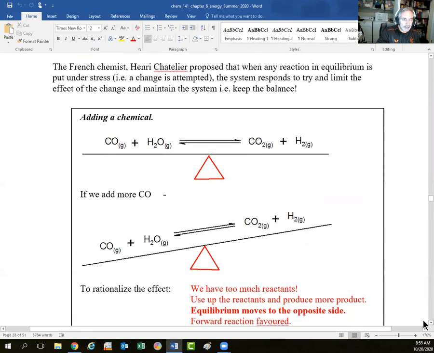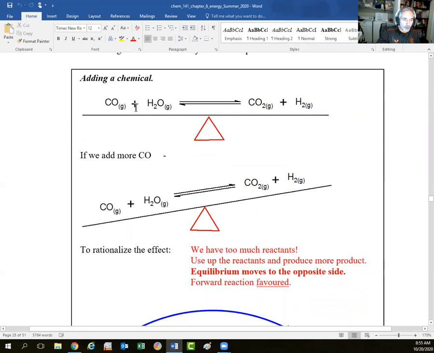So imagine your chemicals were all finely balanced on a set of scales, and we decided to add a chemical like carbon monoxide. If the scales were finely balanced and we suddenly added more weight, more carbon monoxide, it would tip the scales as shown.